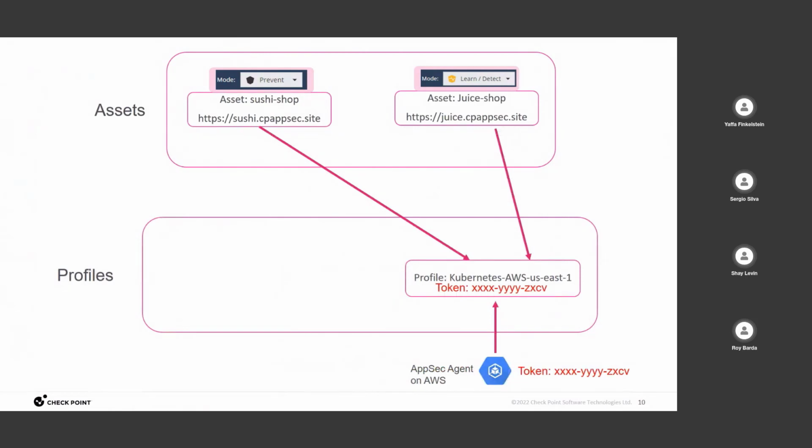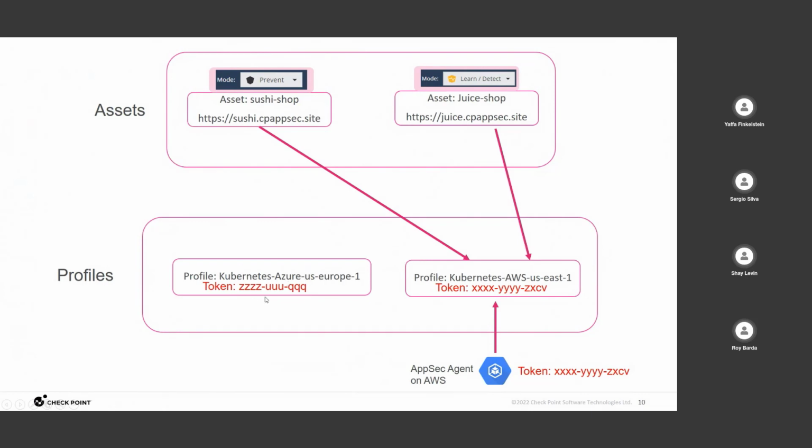Just to make sure that we are on the same page and to get a deeper and clearer understanding of the profile, let's say that this application, the Sushi CP AppSec site, is the application that they want to load share the traffic between two data centers. One you will deploy on EKS on, let's say, AWS US East 1, and the other one you are going to deploy on Azure AKS in Europe.